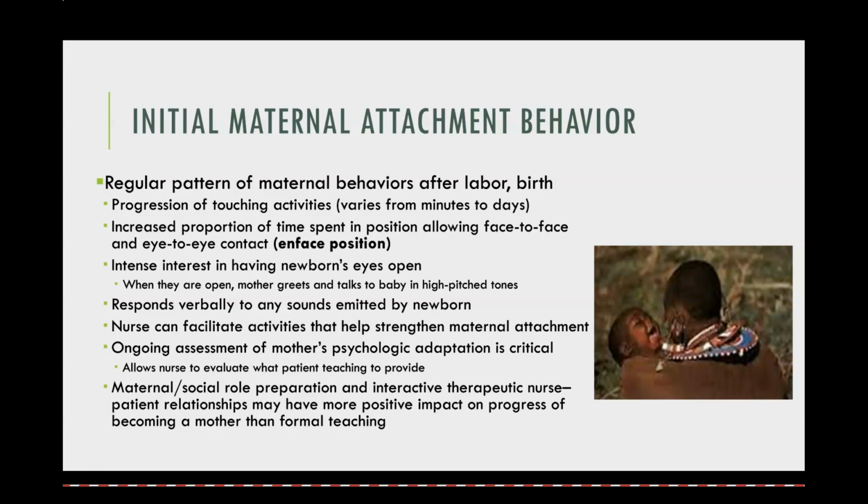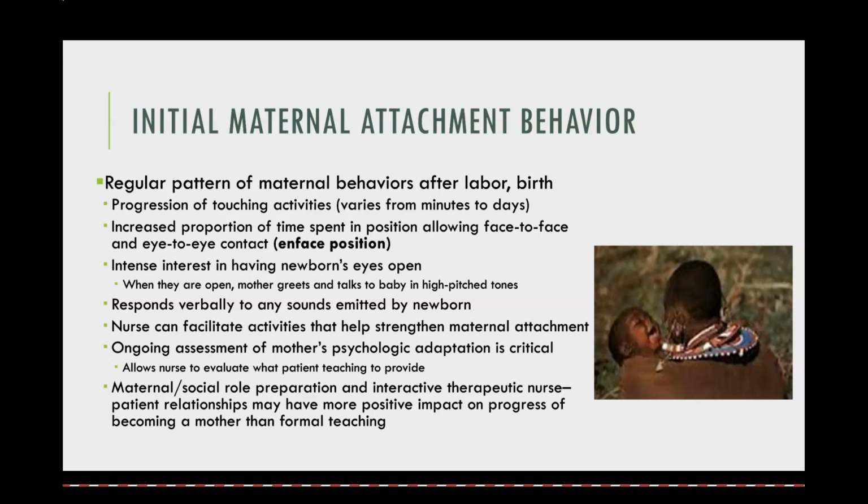In the acquaintance phase, moms and babies both will start to get acquainted with each other. And so in this very initial time where this progression of touching activities happens, what you'll see is the mom kind of reach out and touch the hand and let the baby grip her finger, or she'll touch his toes, or she'll sort of rub his head with her fingertips.